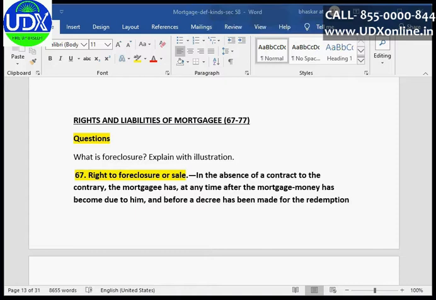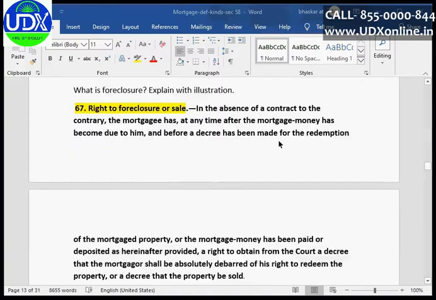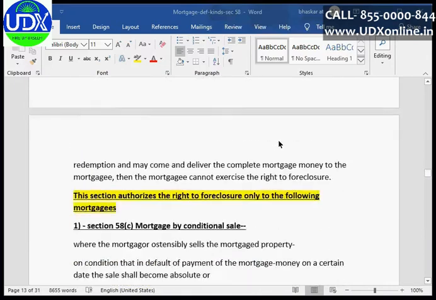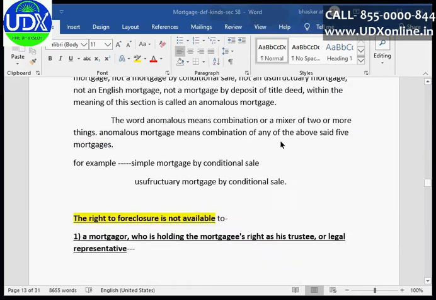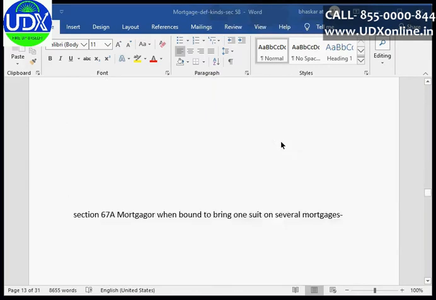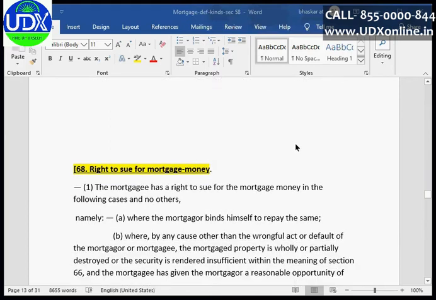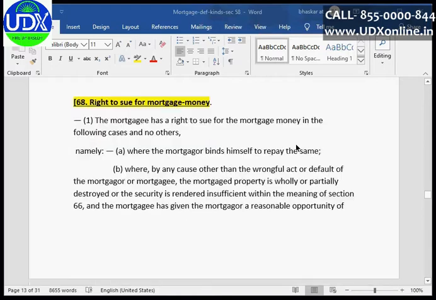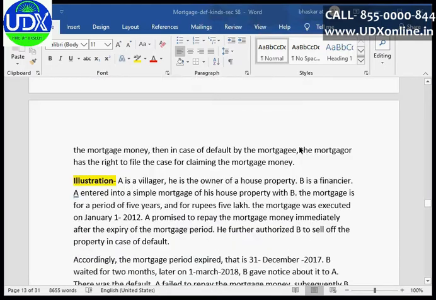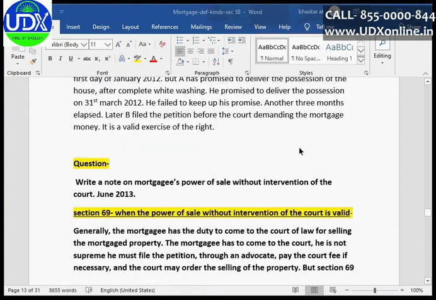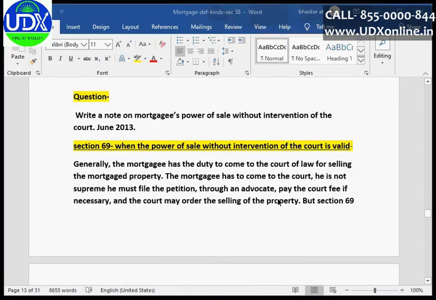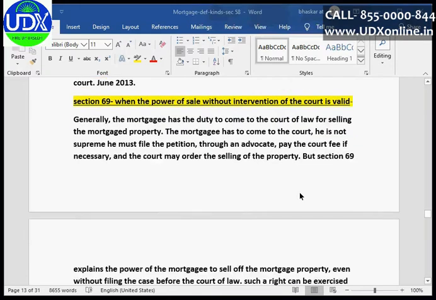Under this topic, we have understood section 67, right to foreclosure or sale, and then we have moved to section 68, right to sue for mortgage money, and then we have understood section 69, when the power to sell the property without the help of the court, or without coming to the court.